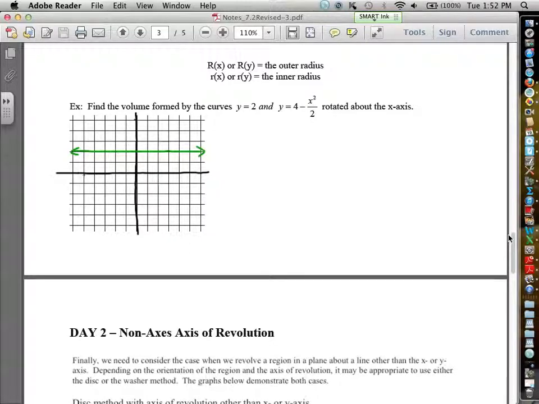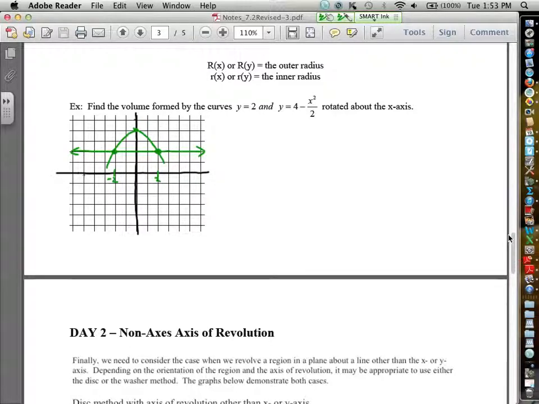You can do this with your calculator. So it's up at 4. And if I pick two x values, positive 2 and negative 2, and plug in 2, 2 squared is 4, 4 over 2 is 2, 4 minus 2 is 2. So it's going to intersect here, and it's going to do the same thing at negative 2. So if I draw that parabola that opens downward, that's what I'm looking at.